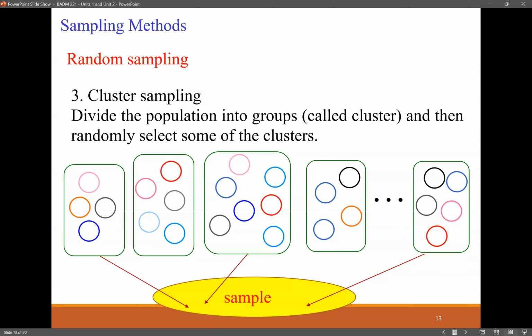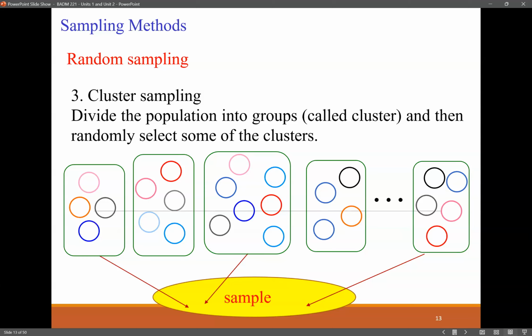Now you choose, okay, maybe all the students from the first desk, then the 10th desk, and then the third desk, and all of those students come into the sample, right? That is called cluster sampling.